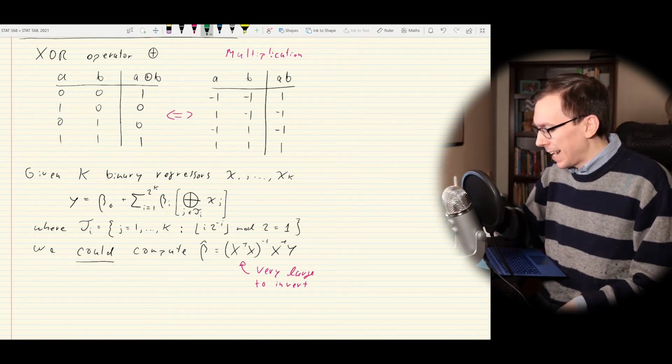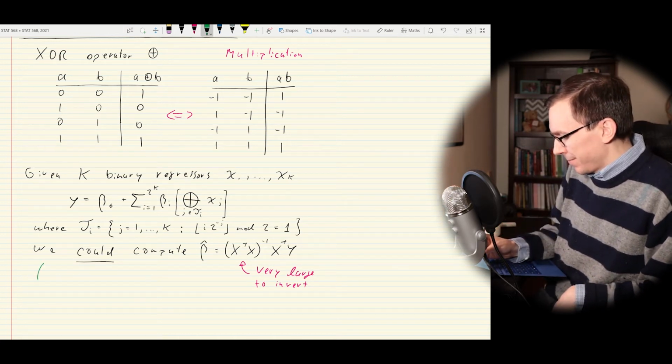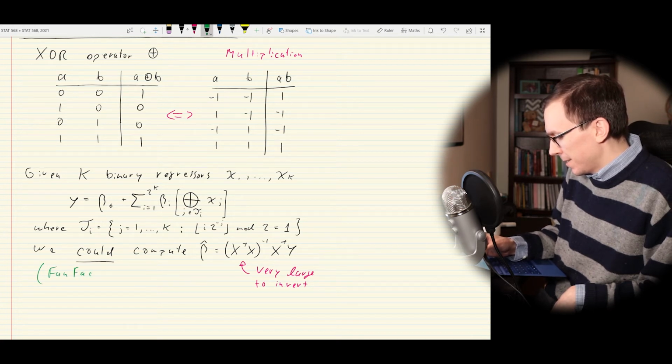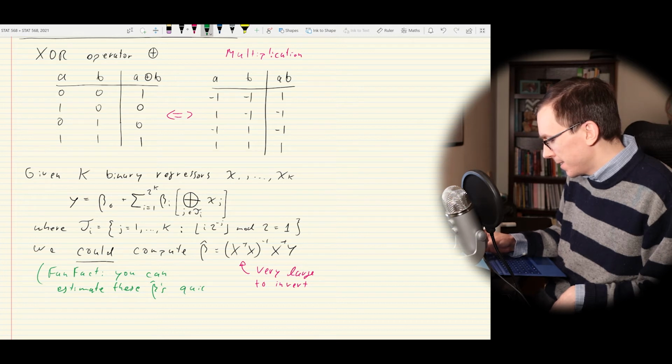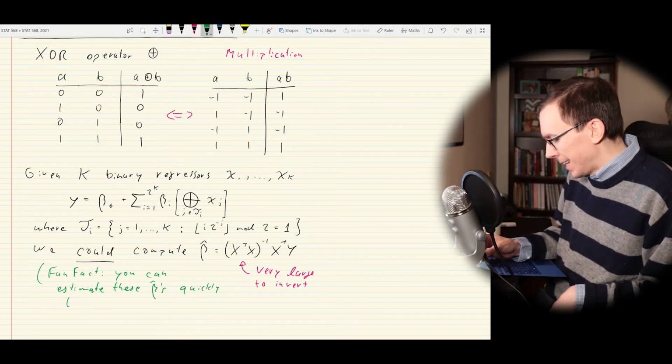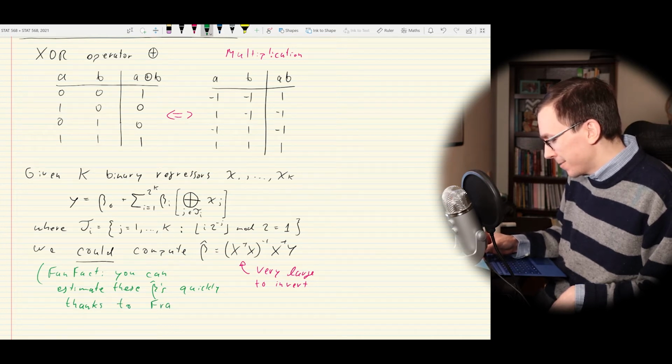Luckily, fun little side fact: you can estimate these betas, these beta hats, quickly, thanks to a guy who worked with Fisher named Frank Yates.